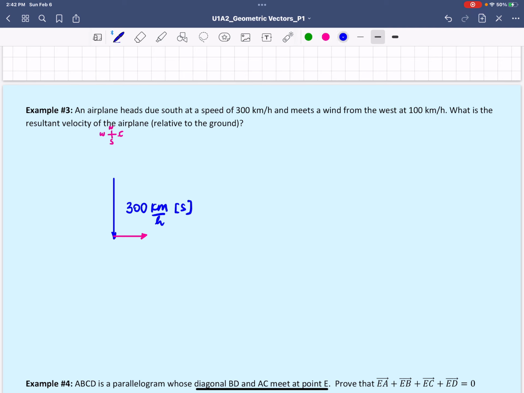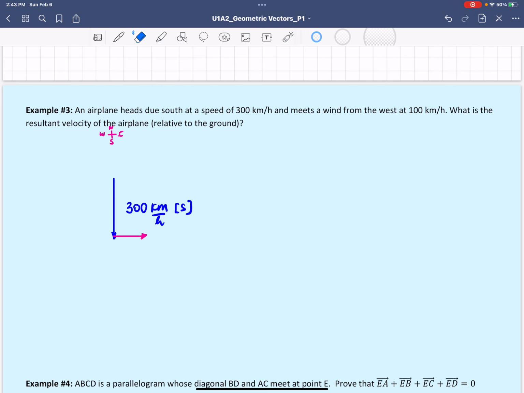So obviously, if a plane is heading, for example, south, but then we have the wind that is affecting the direction, the plane won't maintain the same direction, so it won't go south. It's going to go a little further. And that is due to the fact that the force of the wind will affect the velocity of the plane.